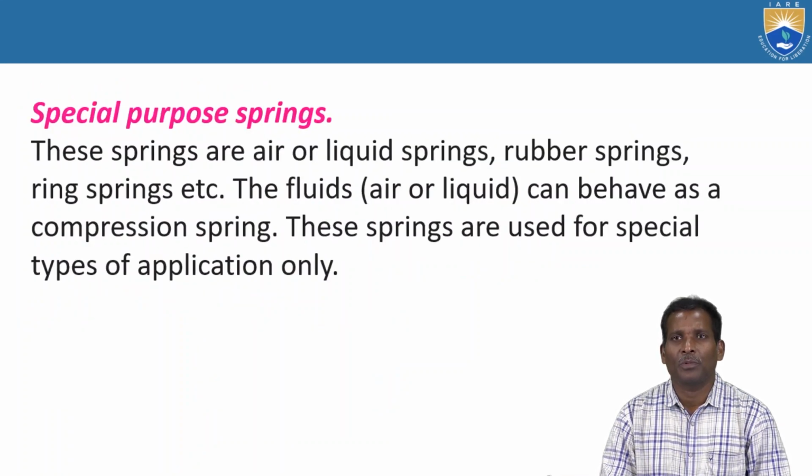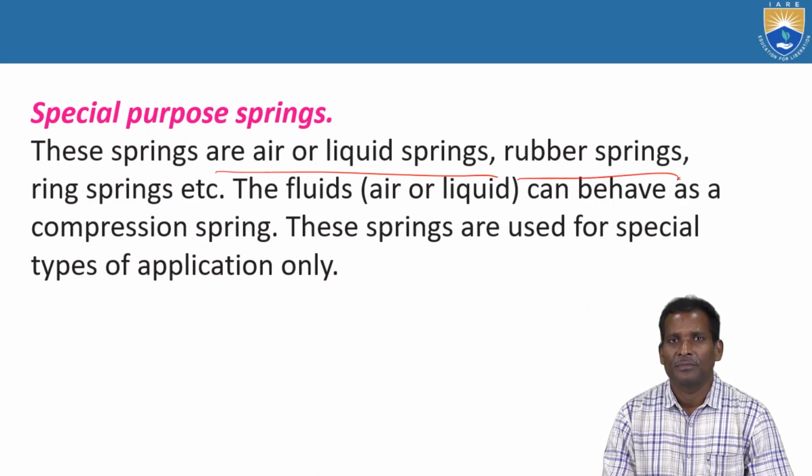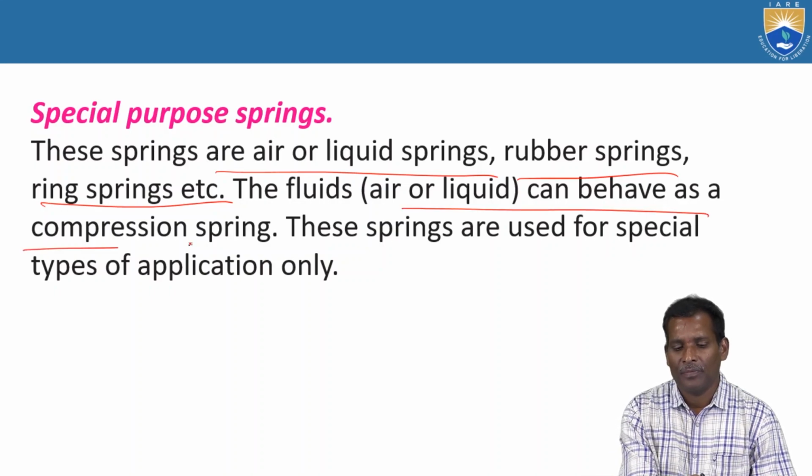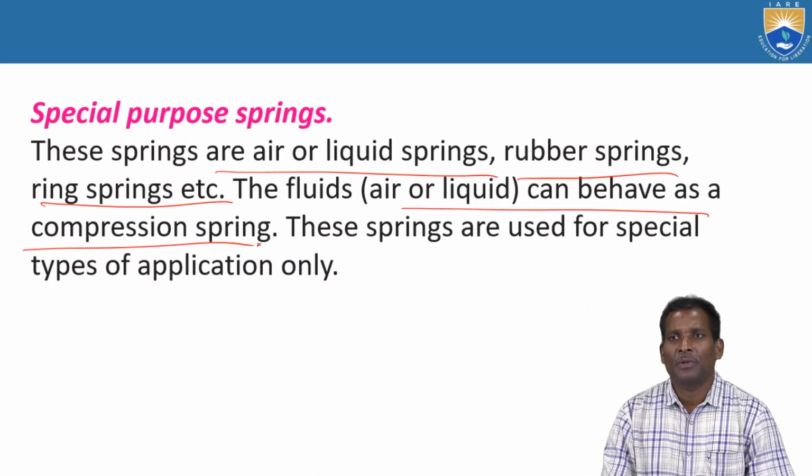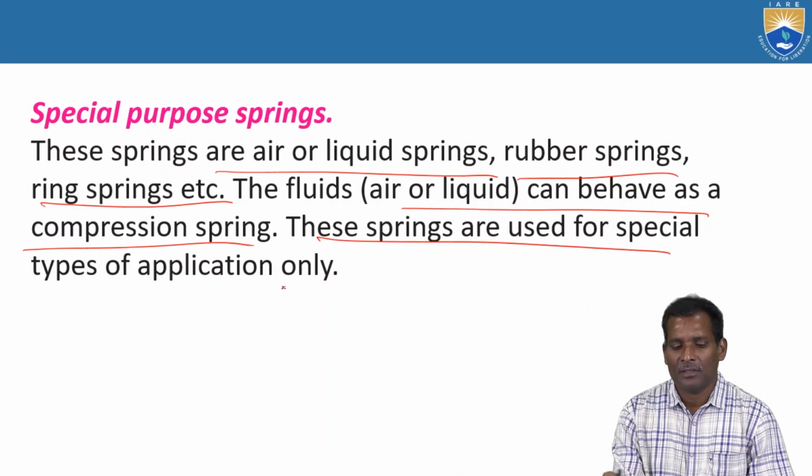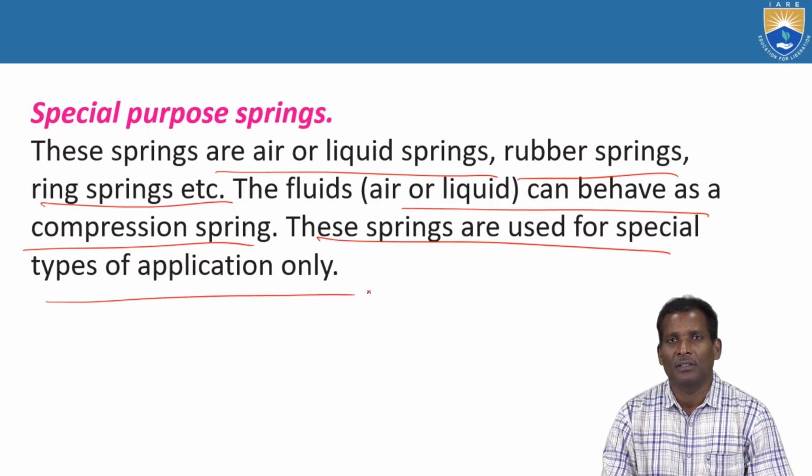Next, special purpose springs. Other springs are there: air or liquid springs, rubber springs, ring springs, etc. The fluids, air or liquid, can behave as a compression spring. These springs are used for special types of applications only, so they are called special purpose springs.